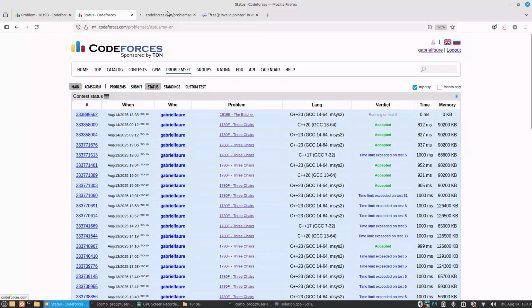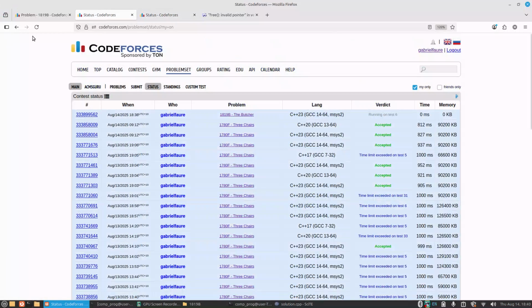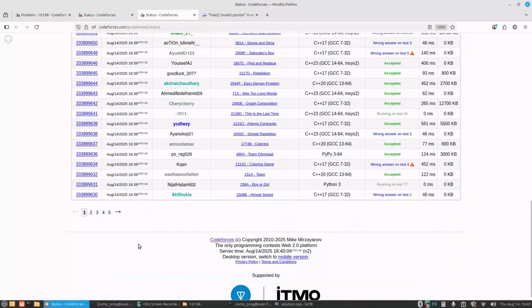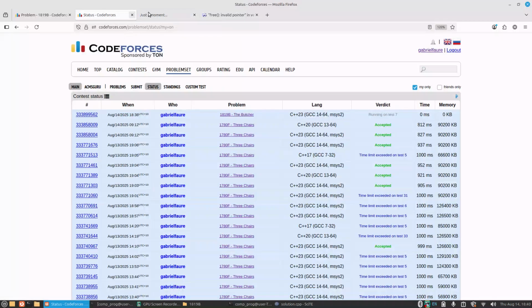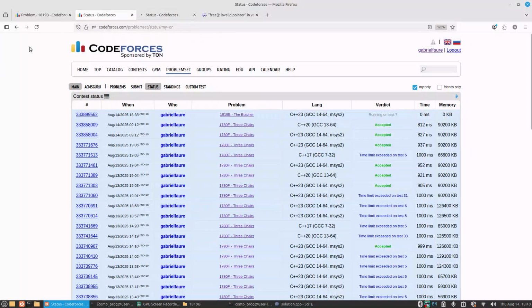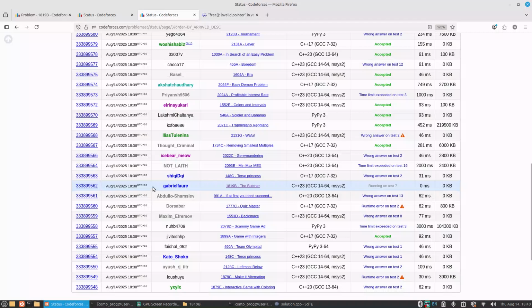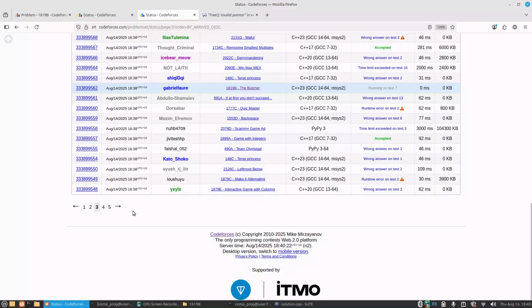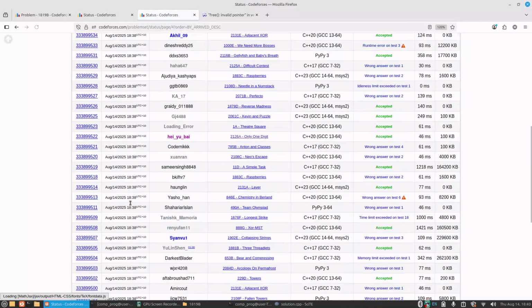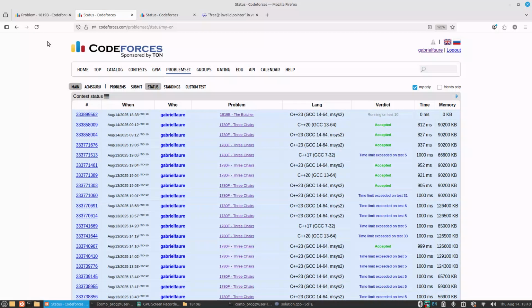Yeah, how long is the queue actually? Let's see. Oh, a lot. Well, not even on this page. Oh, damn Cloudflare. That's 38, so which page am I on? This page. Very slow.